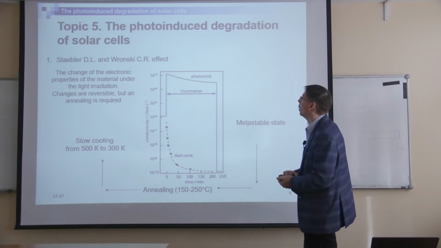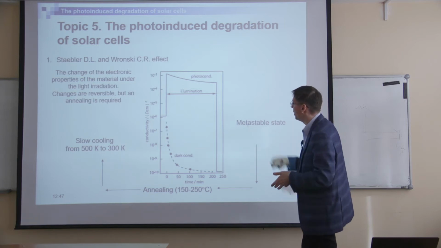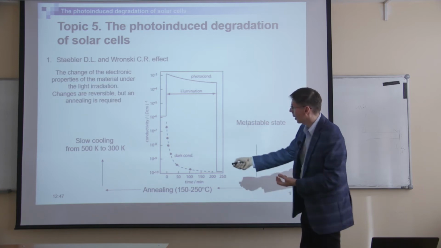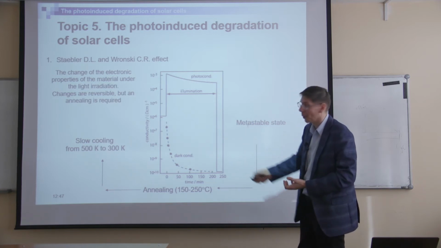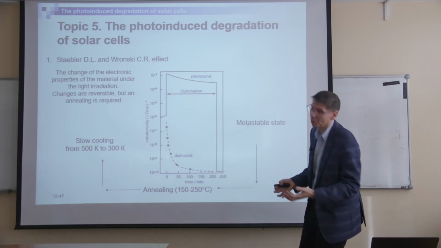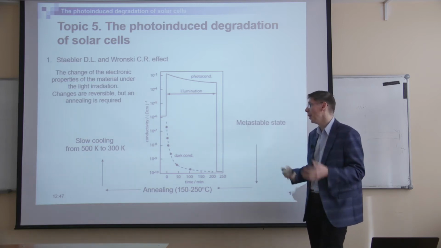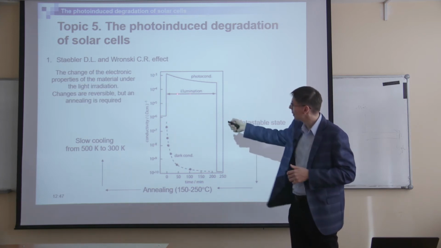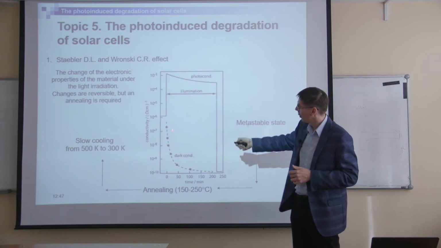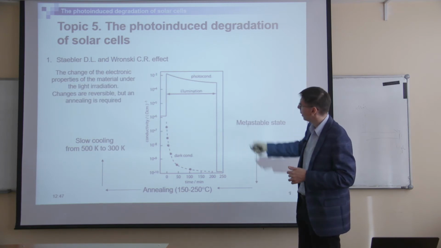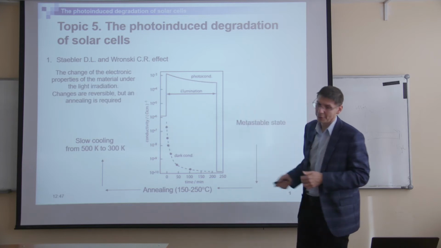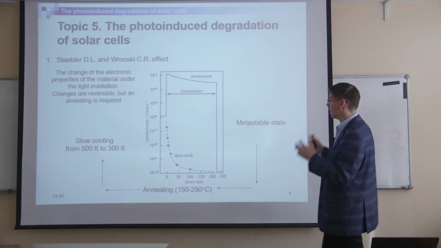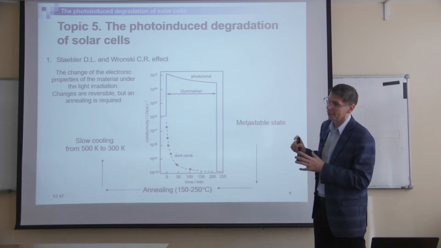And then when you switch off the light and try to measure the dark conductivity, you can see that the dark conductivity is a few orders of magnitude lower. It really seems to be strange behavior. So if you perform some intermediate measurement, you can see the drastic decrease of the dark conductivity. Then it's saturated approximately like the photoconductivity. And actually, this process is not stable.